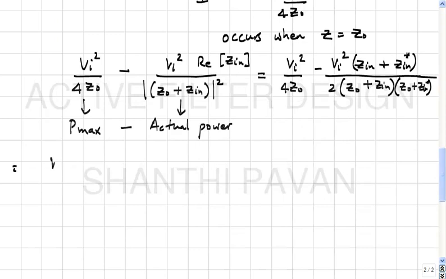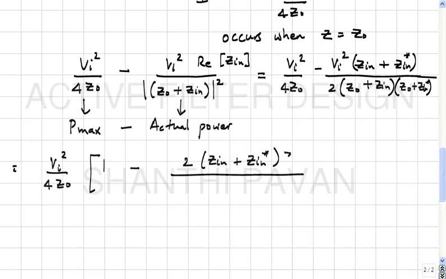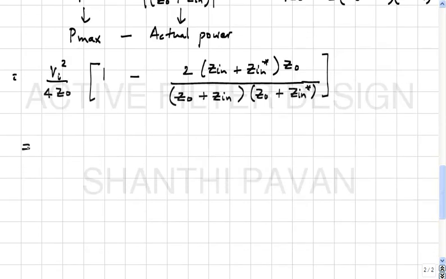Which can be written as Vi square by 4Z0 times 1 minus 2 Zin plus Zin star times Z0 divided by Z0 plus Zin times Z0 plus Zin star. Does it make sense? Okay.